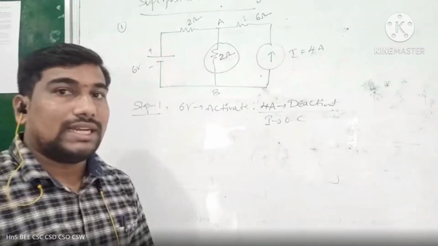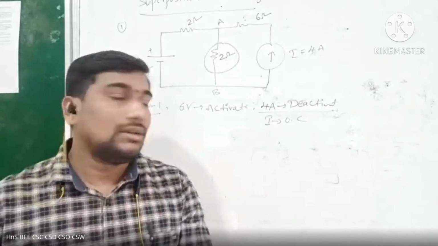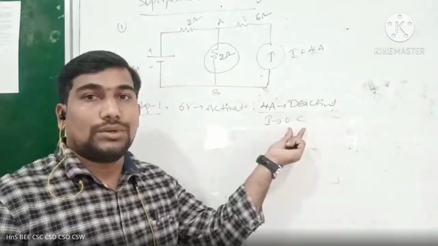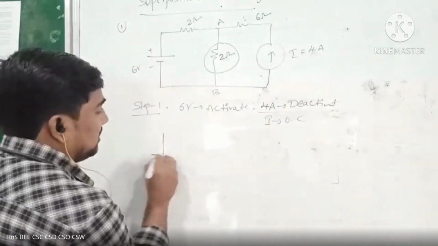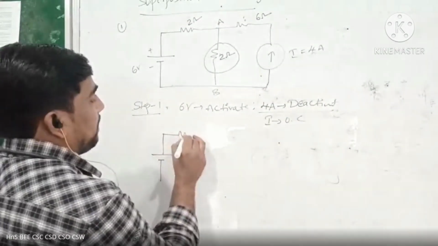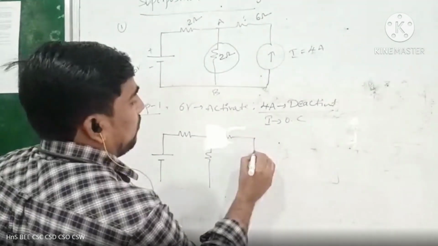What are the ideal conditions? The ideal condition in deactivation is that the current source is open circuit. That's why I'm taking this circuit. Open circuit is nothing but this one.